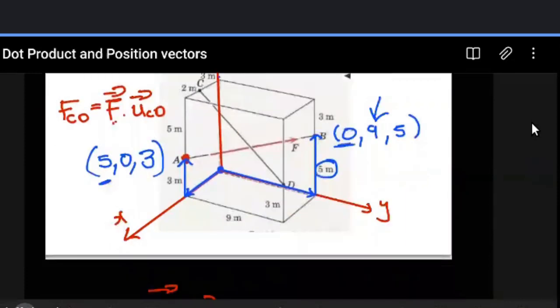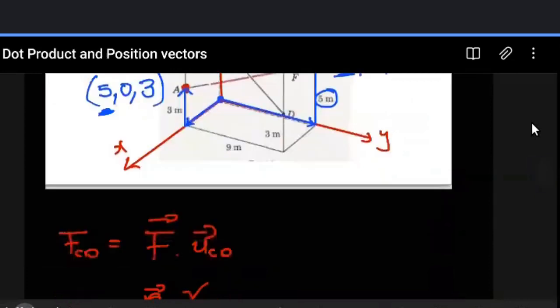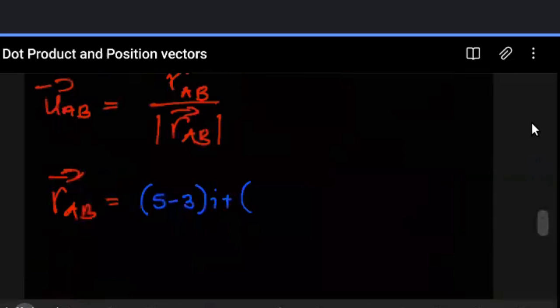So it's 0 minus 5. The one I did is in the Z. Sorry for that. So in the X, we have 0 minus 5.